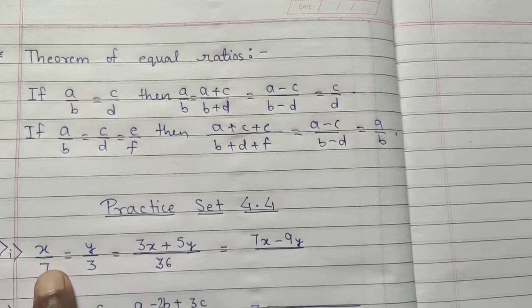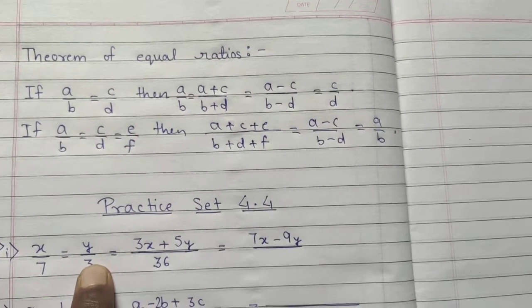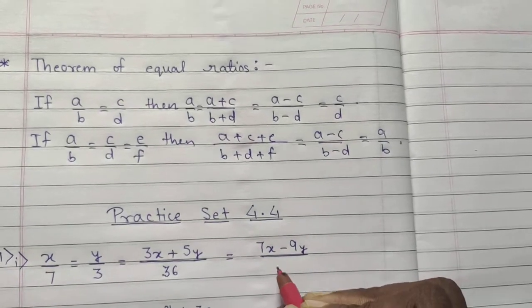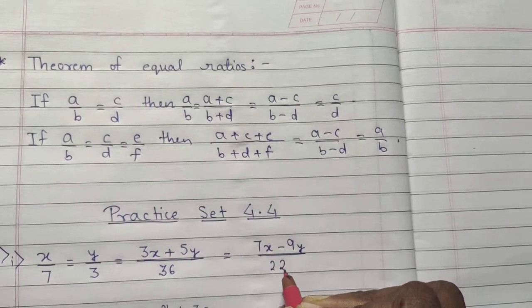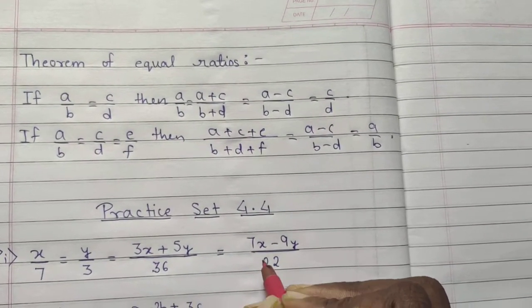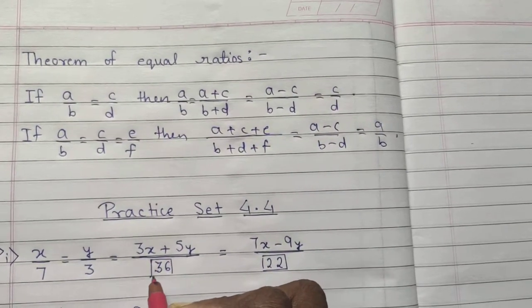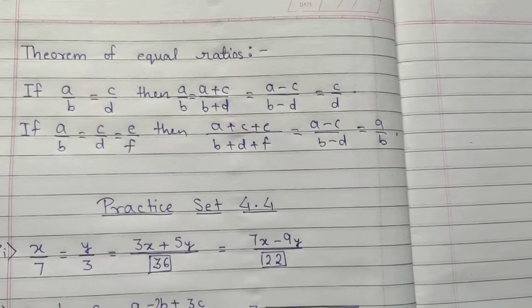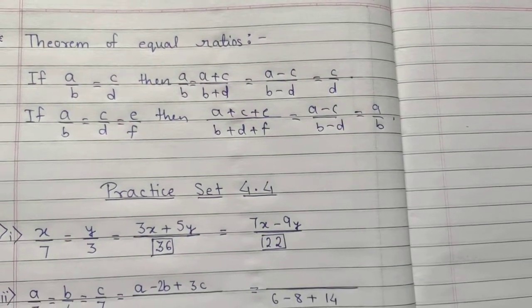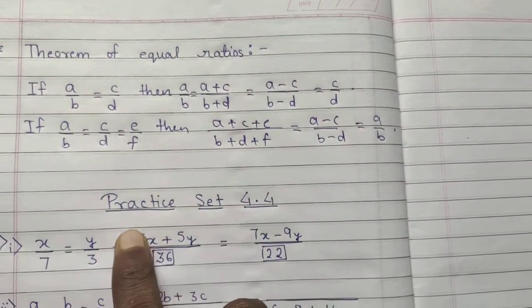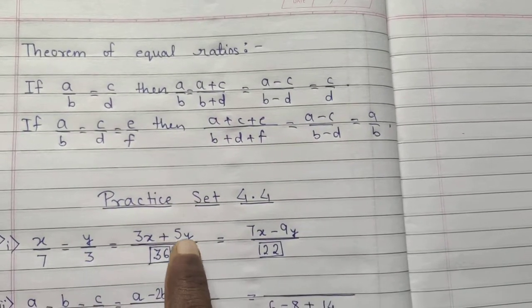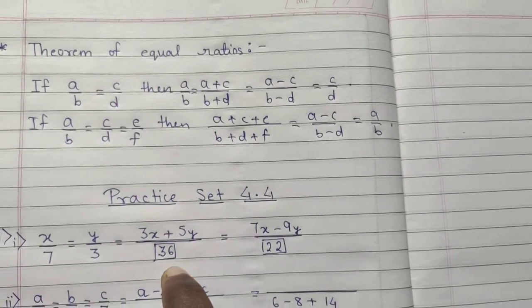So 49 minus 27 gives 22. So here we got 22 and here we got 36. This way you have to use your property. Whatever is done in the numerator, the same thing we are doing in the denominator.